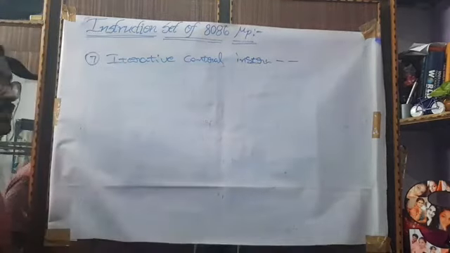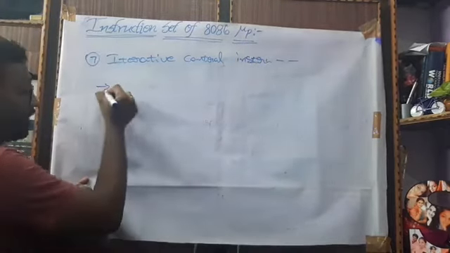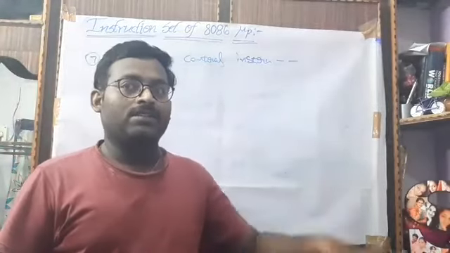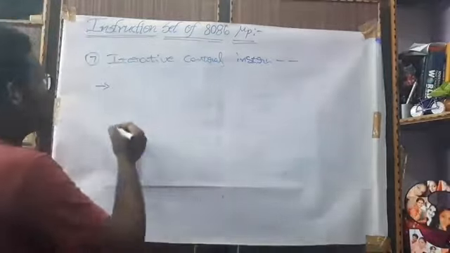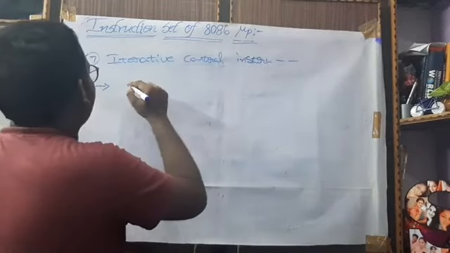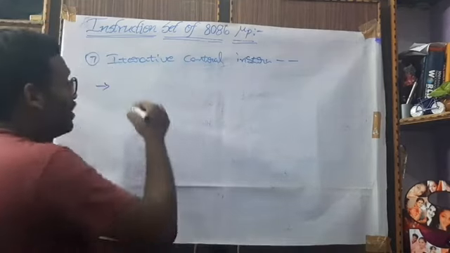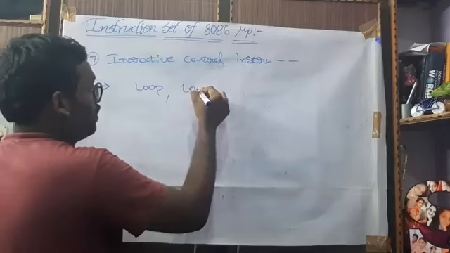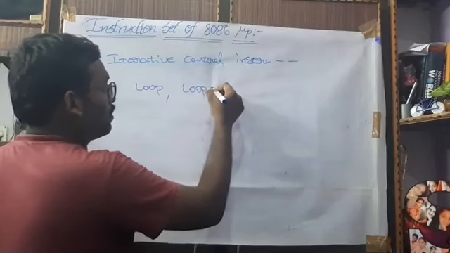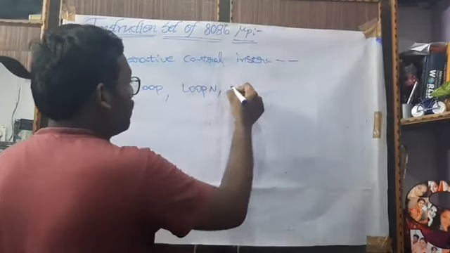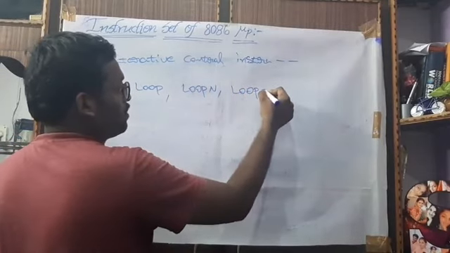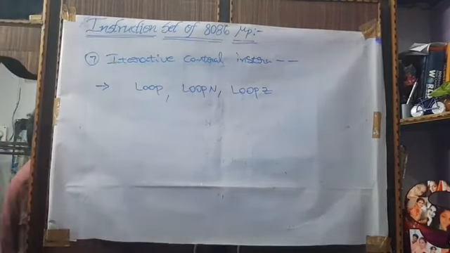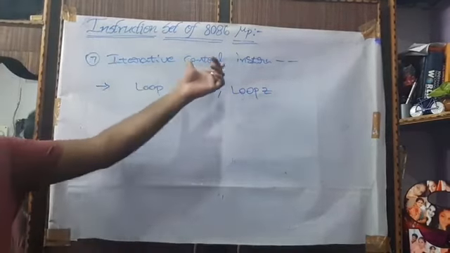Iterative control instruction means there is a requirement for repetition of some instructions. Okay, loop, and LOOPZ. These are some iterative control instructions.